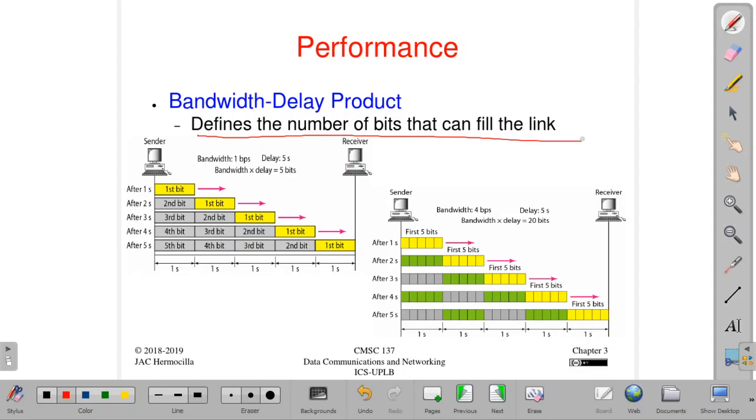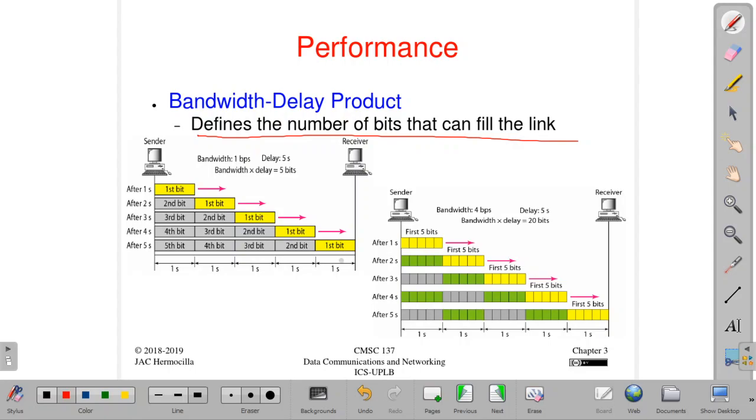The idea of bandwidth delay product is, normally you have a channel or a transmission medium with a high bandwidth, and the bandwidth delay product will allow you to make efficient use of that link with high bandwidth.